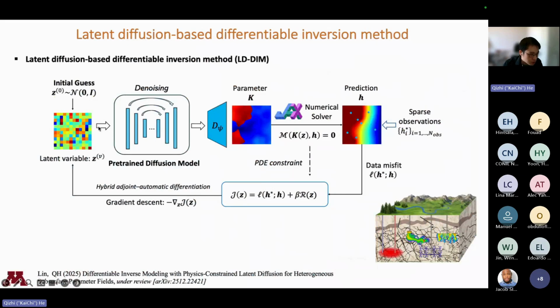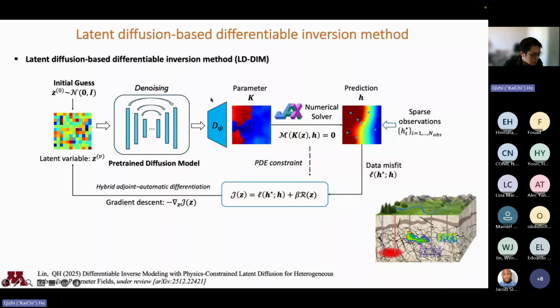The idea is that we are utilizing the latent diffusion model, because we are trying to do inversion parameter identification for the permeability, or we call it conductivity, of the subsurface, with only a few measurements related to hydraulic head.